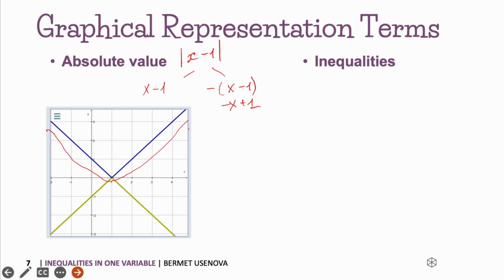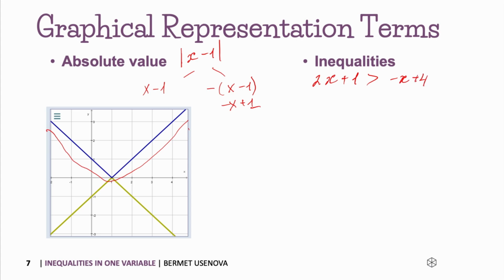A very close approach goes to the inequalities. And the solution set for inequalities will look like the following. For example, we have this term here: 2x plus 1 greater than minus x plus 4. So we have this inequality.